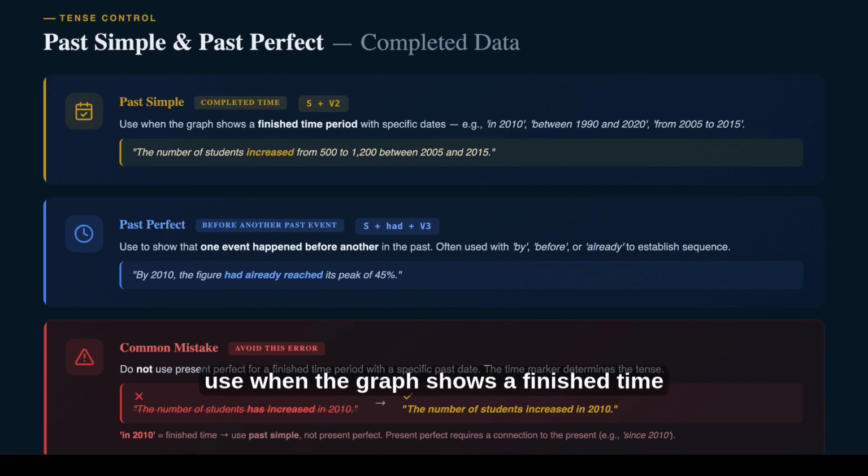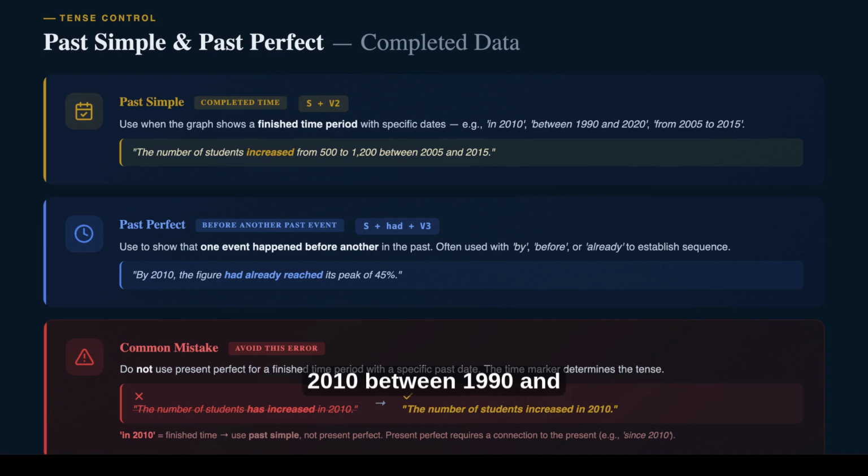We use it when the graph shows a finished time period with specific dates. For example, in 2010, between 1990 and 2020, or from 2005 to 2015.